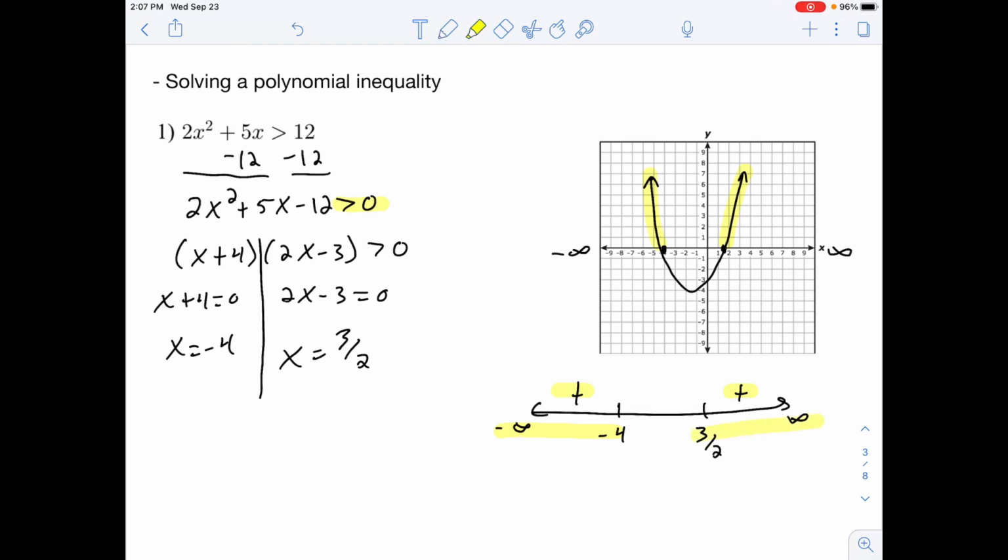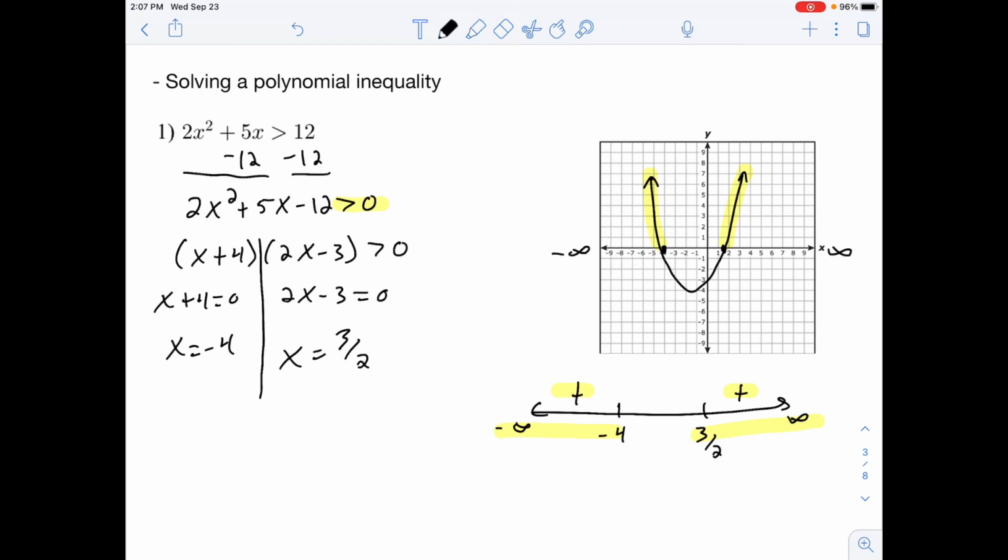For our solution, this is when it's important to use brackets or parentheses. If you notice, the inequality is just greater than. We don't have the bar underneath, which would mean it's also equal to. So we don't want that. We just want it to be greater than, not equal to, so we're going to use parentheses.